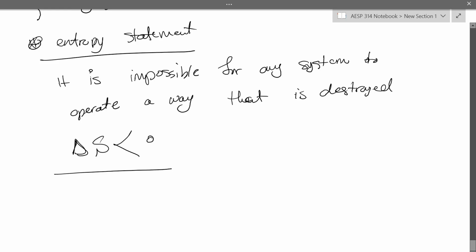So the entropy of the second state cannot be lower than the entropy of the first state.